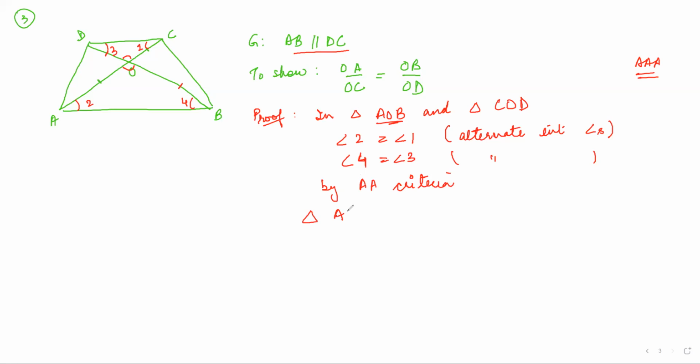So triangle AOB. Now very carefully, what should I write here? Sorry, not equal, similar. How to name it? Now see, angle 2 is equal to angle 1, right? So C I have to write here, and then obviously O is O and D is, this angle is equal to this one.